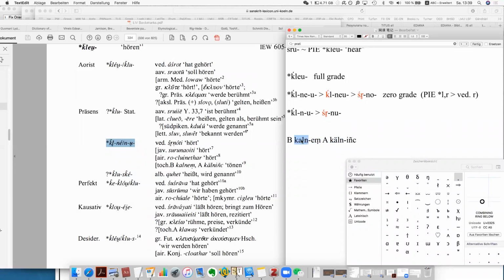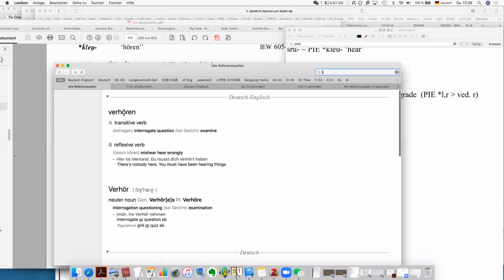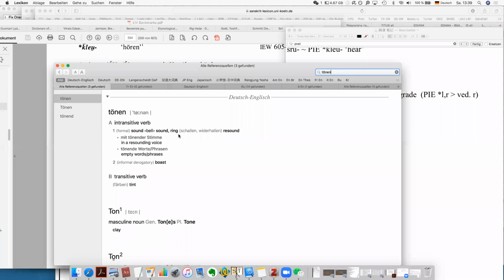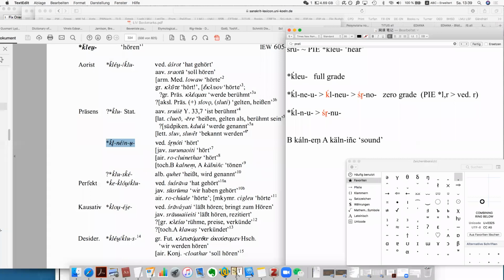So accent is here, so this is why we have r here, right? Okay, and then the meaning here is to sound. I can check the German dictionary for you. So it actually means to sound, or make a noise, make a sound, right?